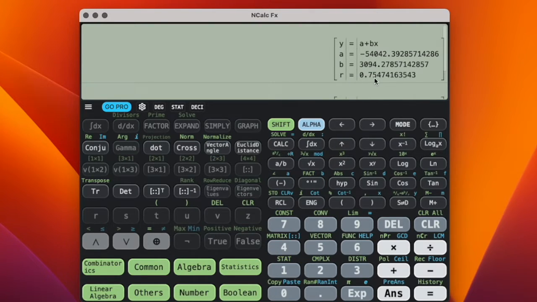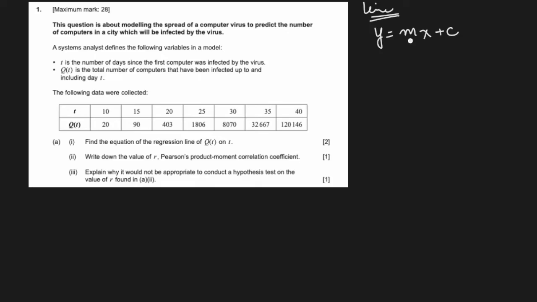And r is 0.755. So m came out to be 3090 and c came out to be minus 5400 to 3 significant figures.